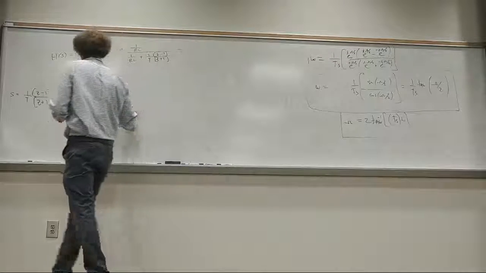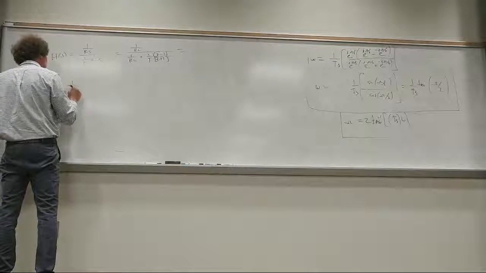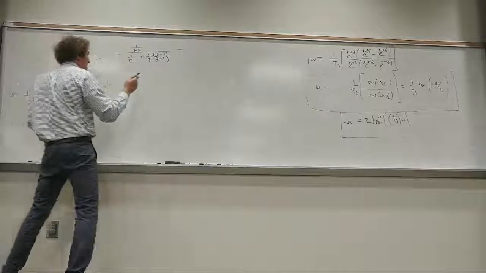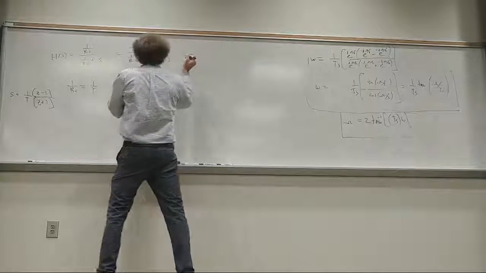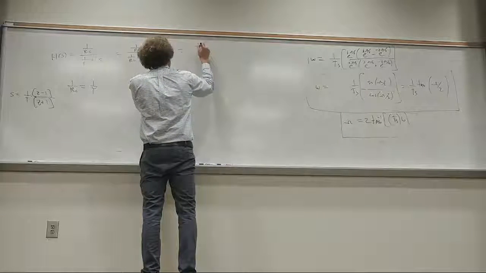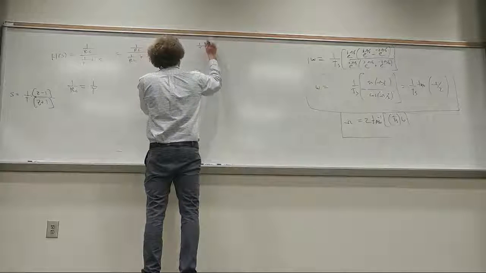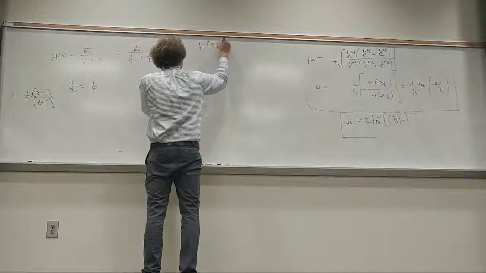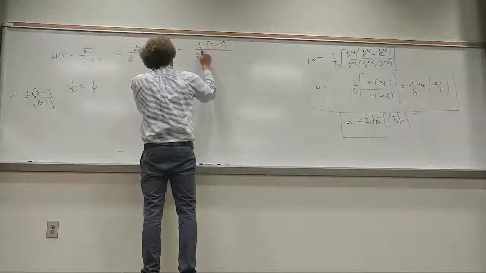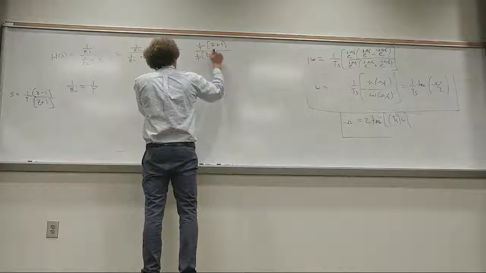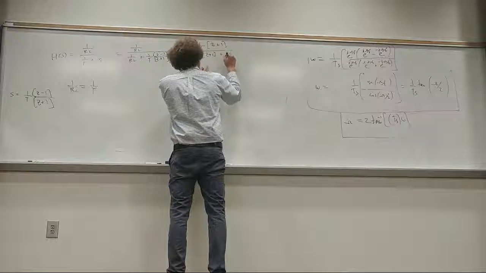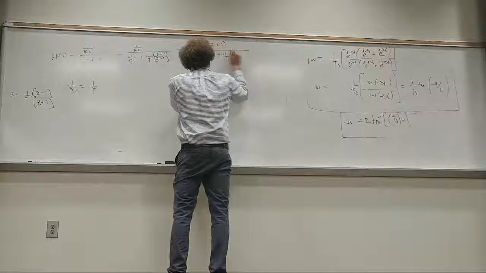What I'm going to do is call 1 over RC equal to 1 over tau. So then I can get this as 1 over tau times z plus 1, over 1 over tau times z plus 1, plus 1 over capital T times z minus 1.